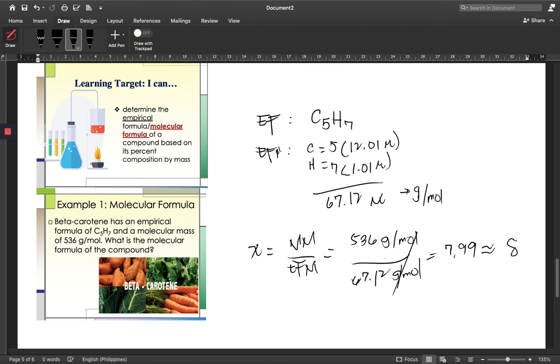Therefore our multiplier is 8, which we can distribute to the subscripts of our empirical formula. So if our empirical formula is C5H7, then our molecular formula, MF, is equal to C40H56.